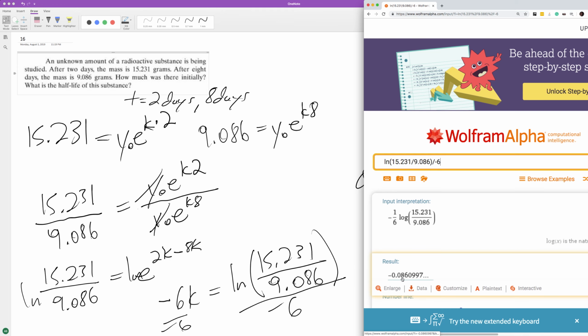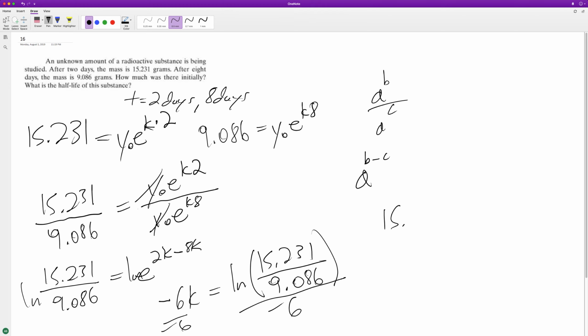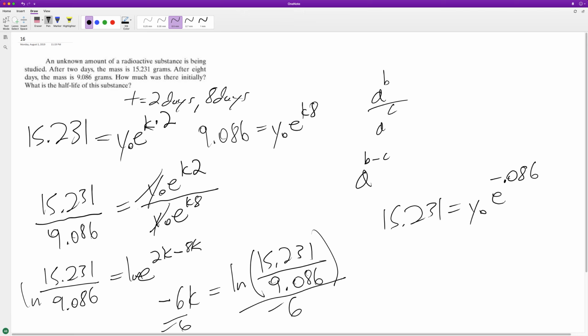So we'll just do negative 0.0861. So what we do, we'll just pick one. We'll do 15.231 is equal to y sub naught e raised to the negative 0.0861. And then this was 2 days.